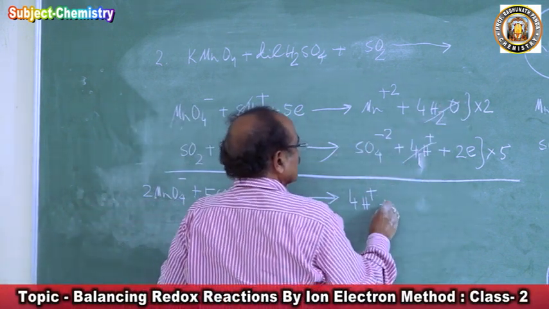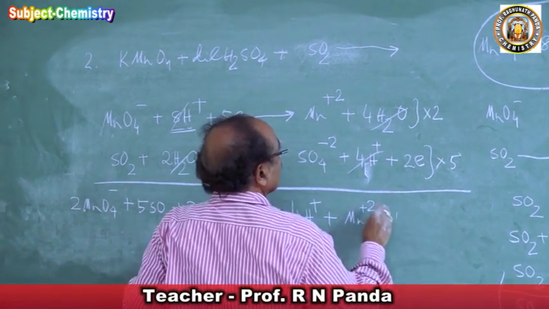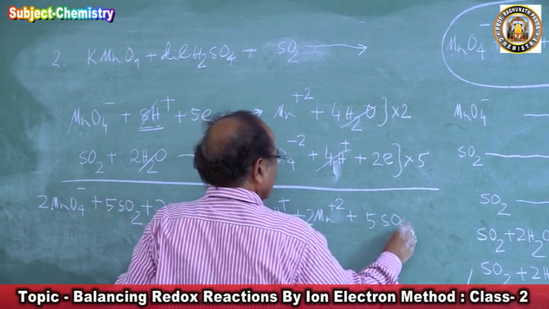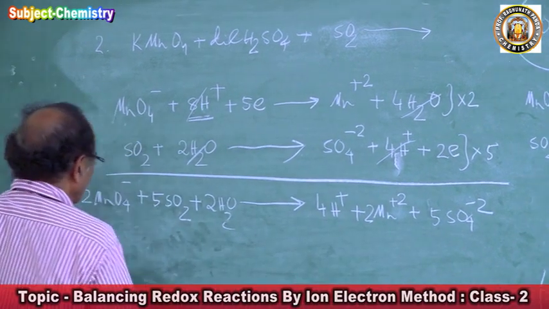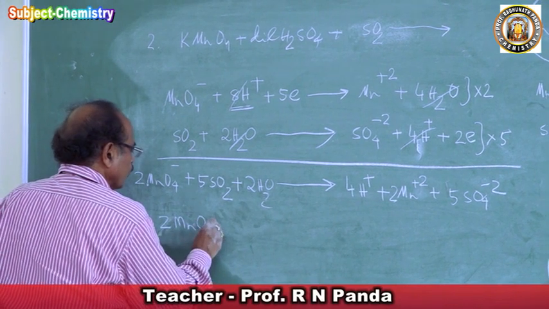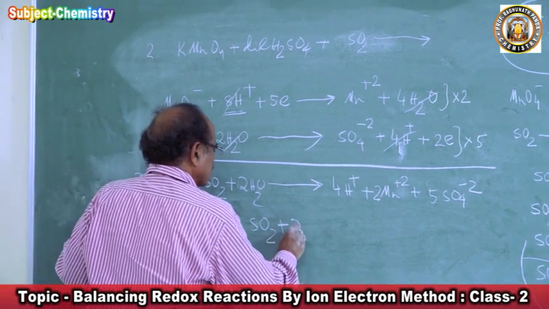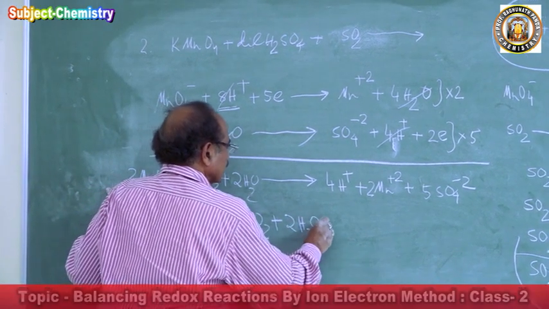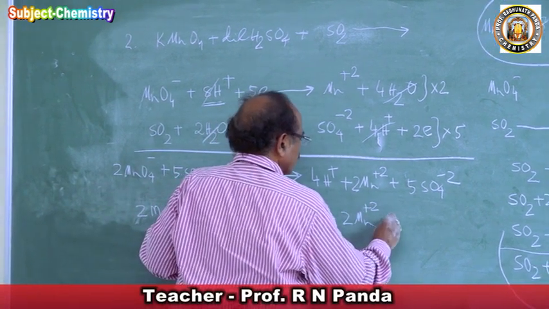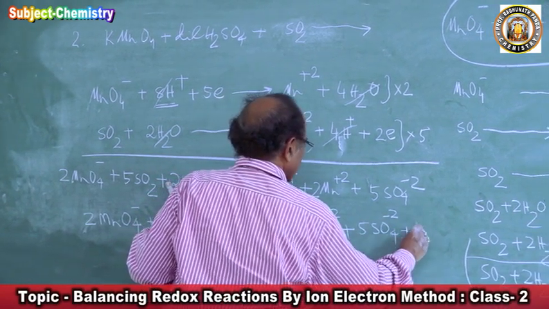So if I write it in a proper form, the balanced equation is 2MnO4 minus plus 5 sulfur dioxide plus 2 water will give me 2Mn plus 2 plus 5 SO4 minus 2 and 4H plus.